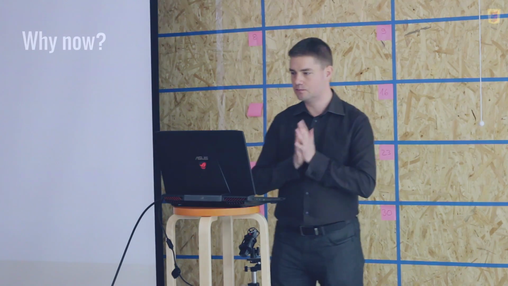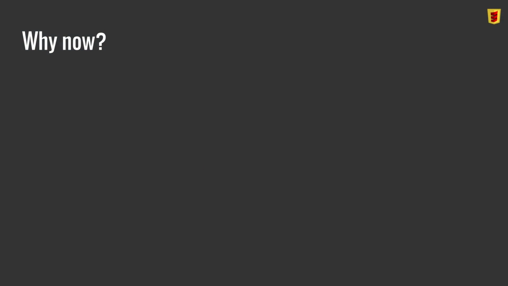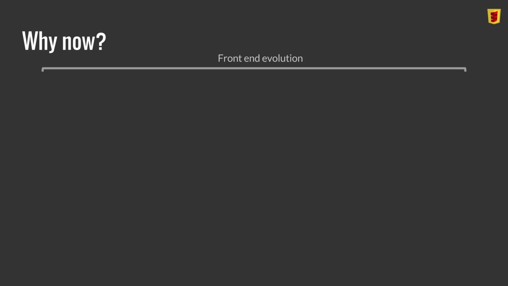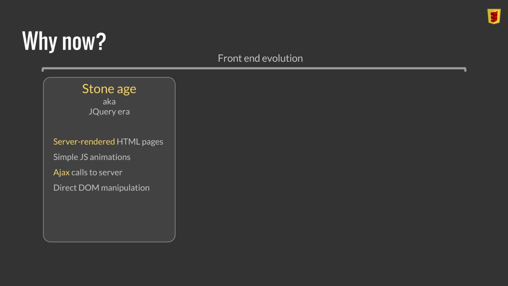So why now? Why are all these other alternatives to JavaScript arising now, and why is there more popularity for them every day? We need to look at how front-end development has been evolving over the years. It all began in the Stone Age, which we can also call the jQuery era. The fact is that the majority of JavaScript development is still in the Stone Age.